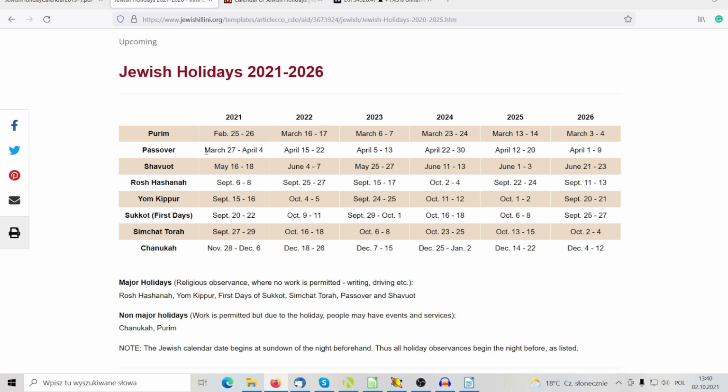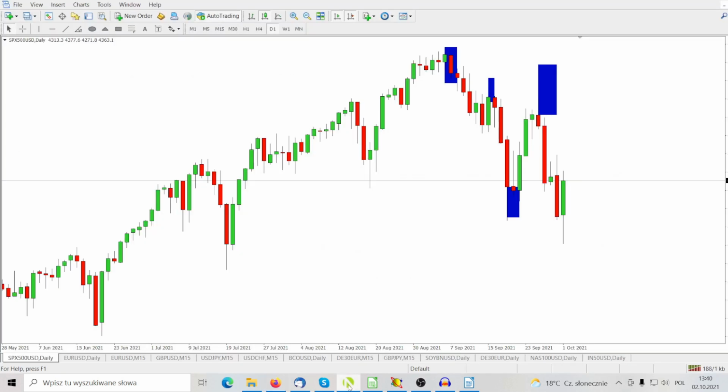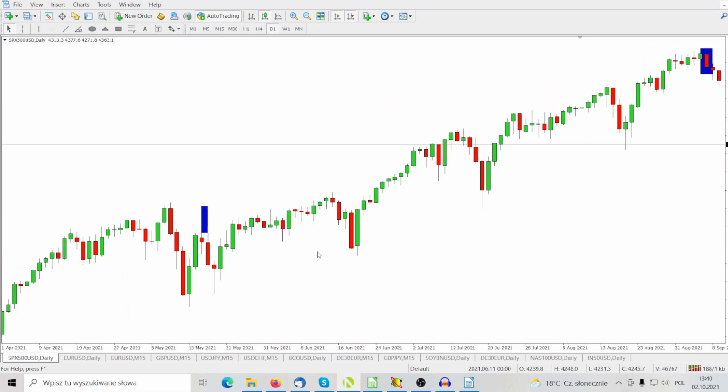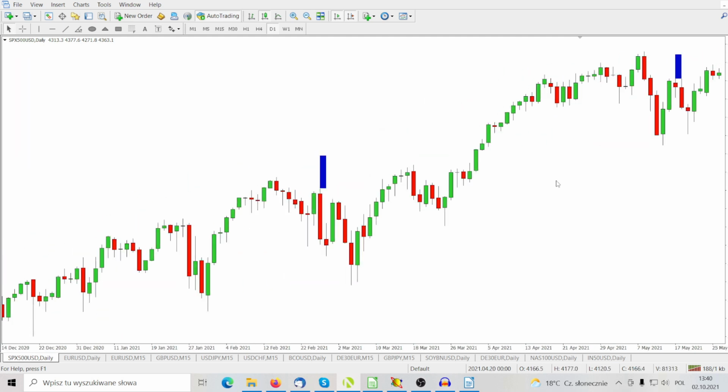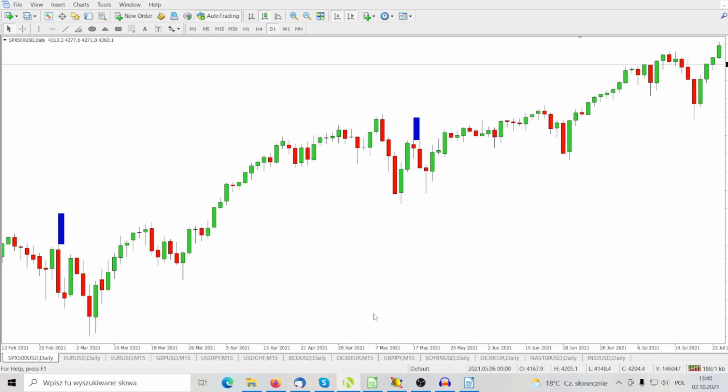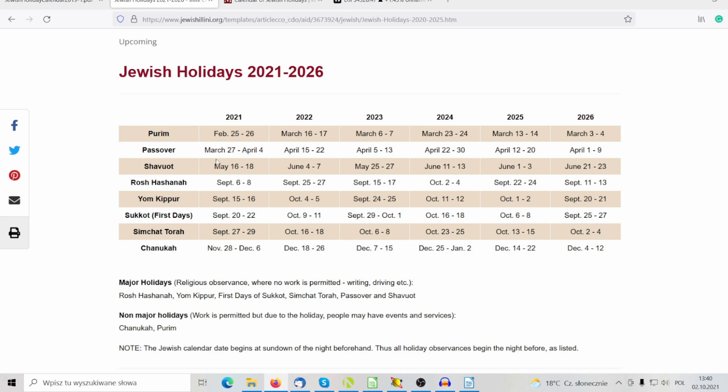I marked this one as well, Passover, between March 27 and April 4, which is over here. Is it? No, sorry, it's another one. May is from another calendar, but Passover is, as it says once again, March 27 to April 4.